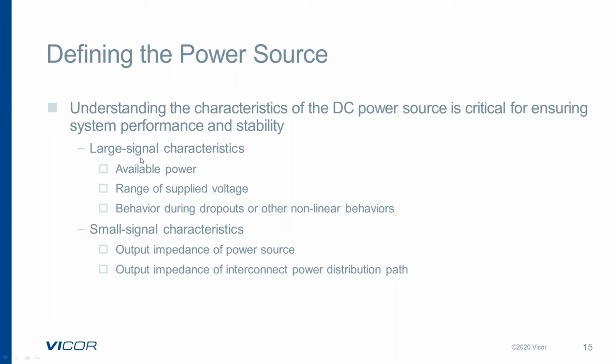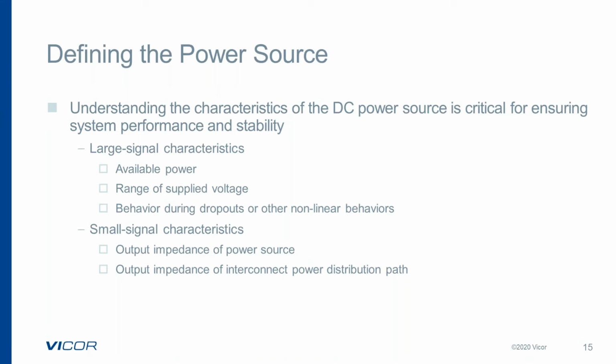One is the large signal characteristics, which is basically how much power is available from the source, the range of the input source, making sure that the high line and low line of the source can be accommodated by the DC to DC converter. Any special characteristics of the source in terms of its power delivery, line dropouts. Is there a need to survive or ride through line dropouts?